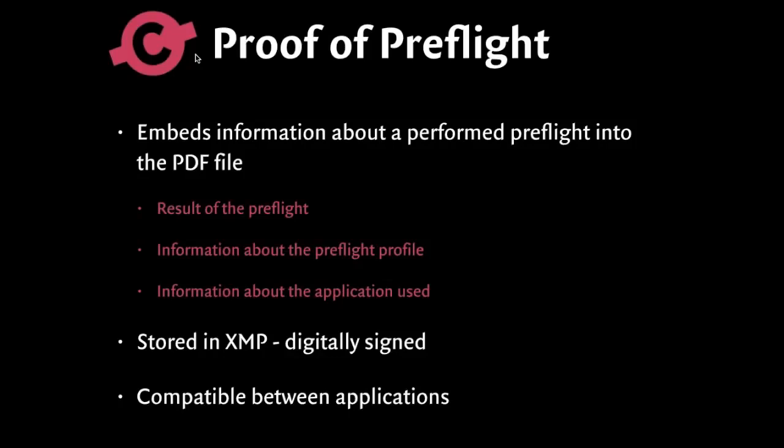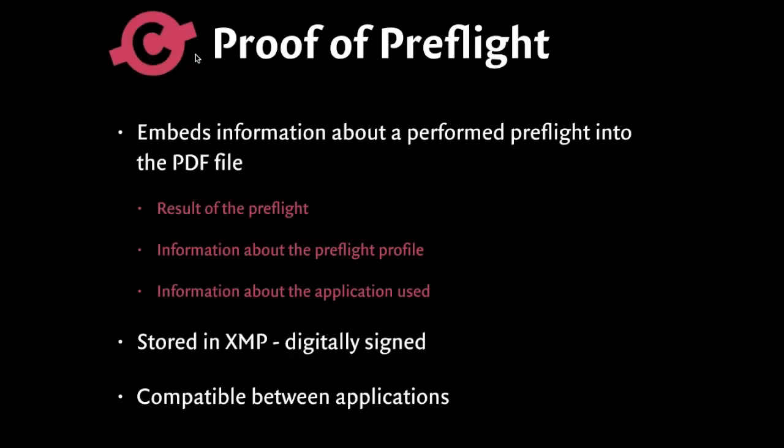And that opens it up for all kinds of interesting automation. And on top of that, the PDF file becomes digitally signed once you insert the proof of preflight information as well. And that also is important because it means that I can preflight a PDF file and then prohibit that someone changes it afterwards without me knowing.